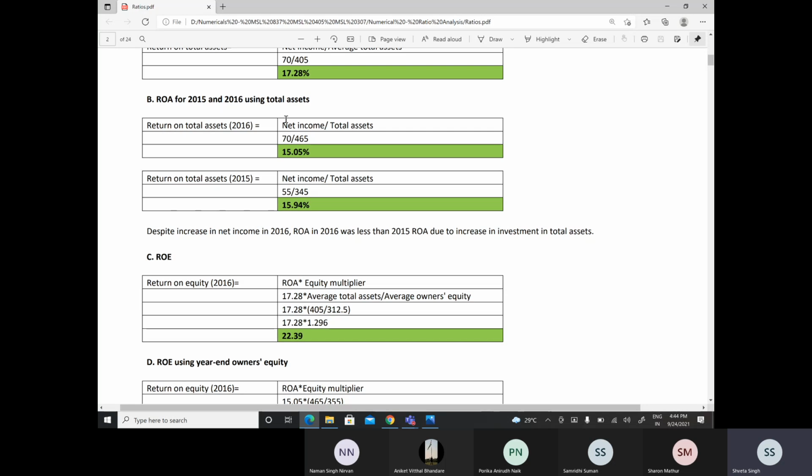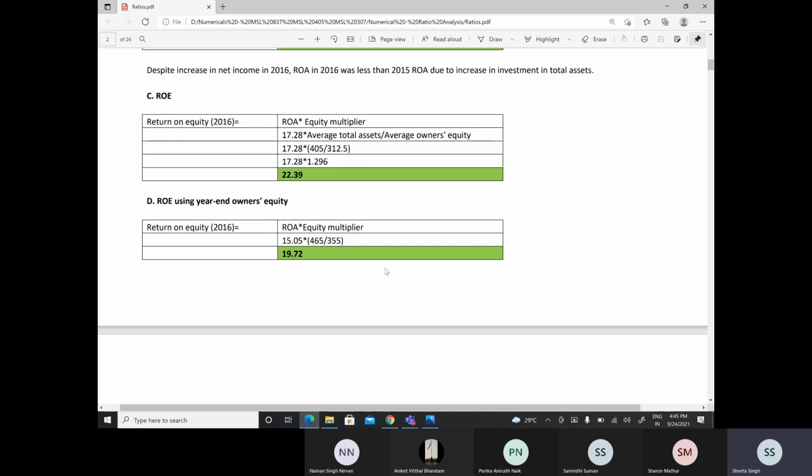So despite the increase in net income in 2016, the ROA in 2016 was less than 2015 ROA due to the increase in investment in total assets. Okay, so this is the interpretation of this ratio.